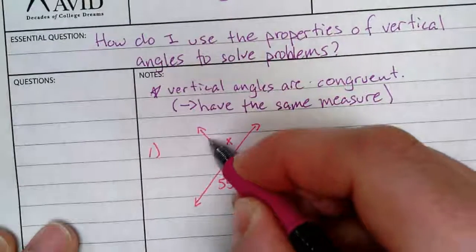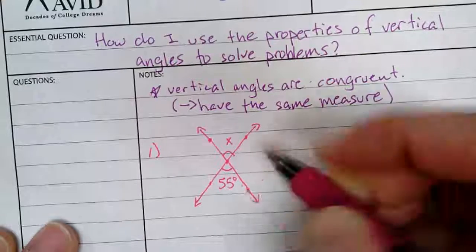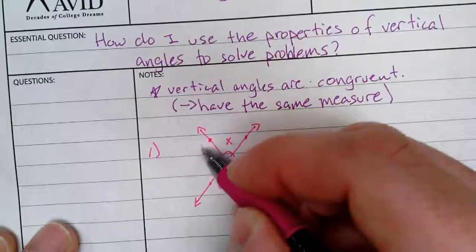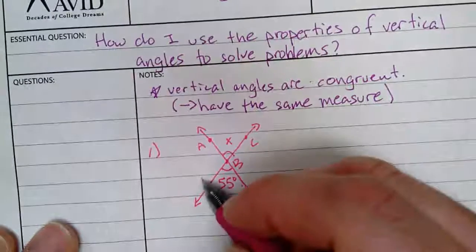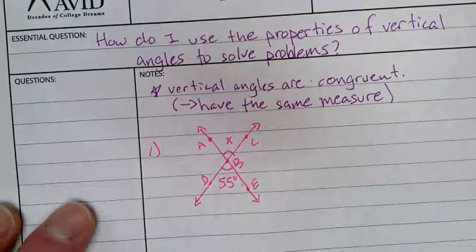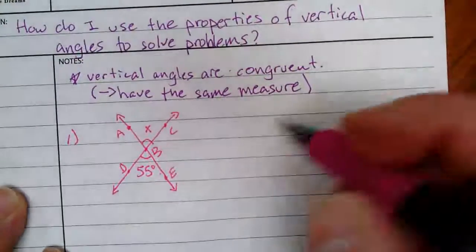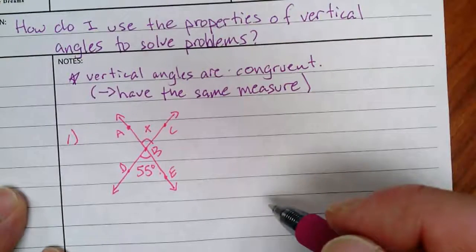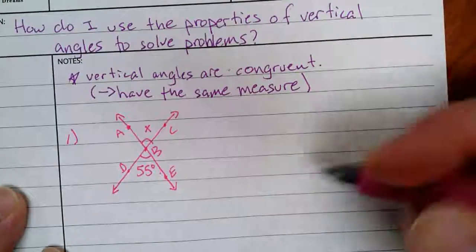I'm going to put some labels on these angles. We'll call this A, B, C, D, E. So we're going to write this out in a couple columns here.